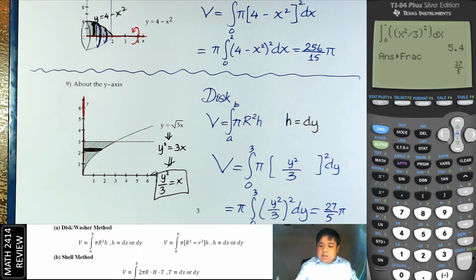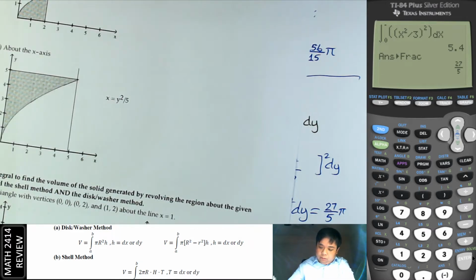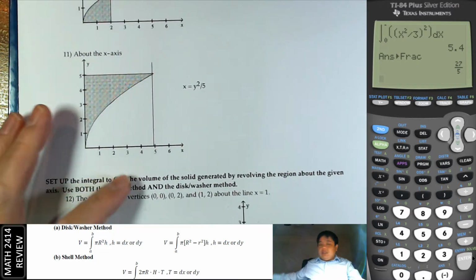So this is just this method because the axis of rotation is in the boundary. That is this method.